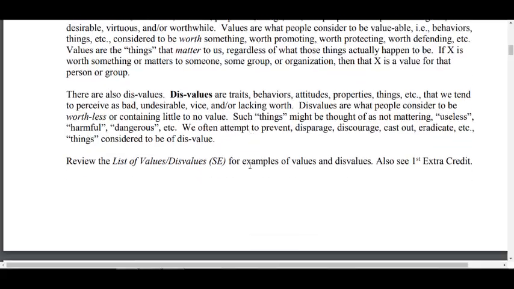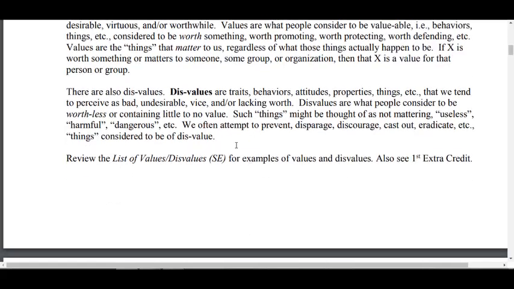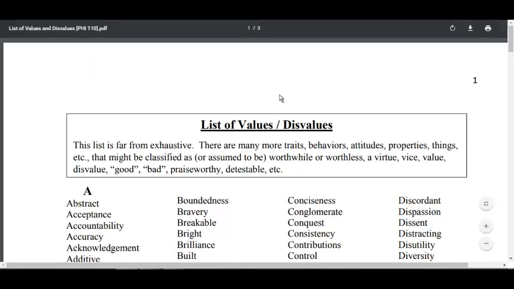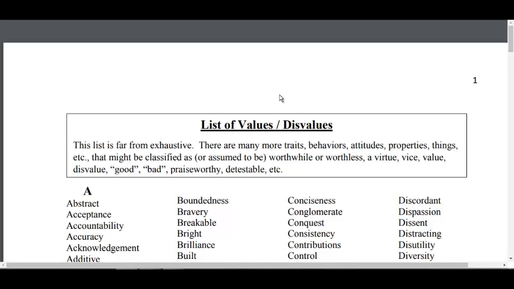But just to gain a sense of how big the notion of values actually is, in this week's module, I've included just a preliminary list. This is the preliminary list of values and disvalues. This list is nowhere near exhaustive, and we'll see that in just a second.